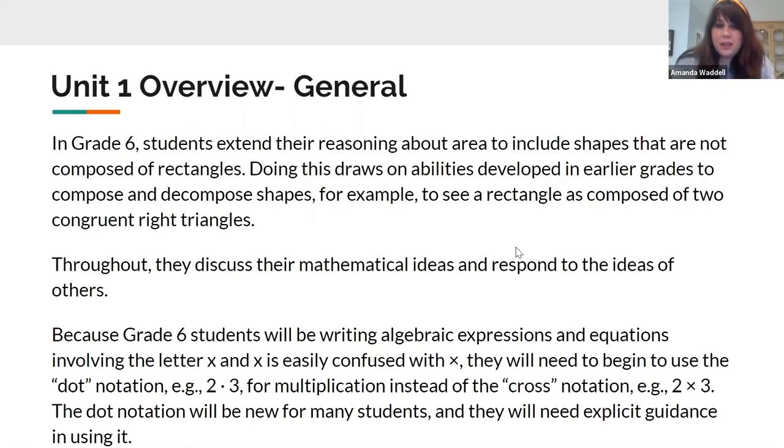The big thing we need to keep in mind, which I think is easy to overlook with Unit 1, is that we are going to start using algebraic expression and equation language. Up until this point, many of them have seen the X as the multiplication symbol, and we're going to want to move them away from that X because of X as a variable.